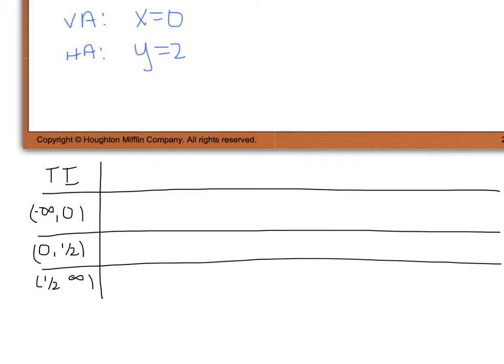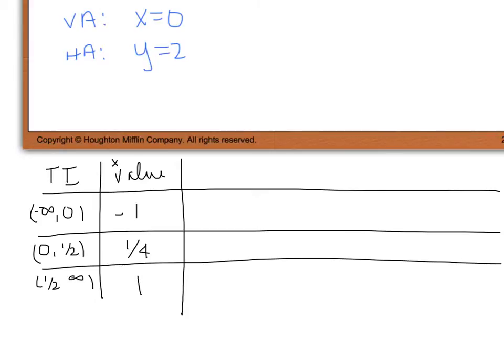Then I'm going to go ahead and pick some x values. Between negative infinity and 0, I'm going to select -1. Between 0 and 1/2, I'm going to pick 1/4. And between 1/2 and infinity, I'm going to select 1.